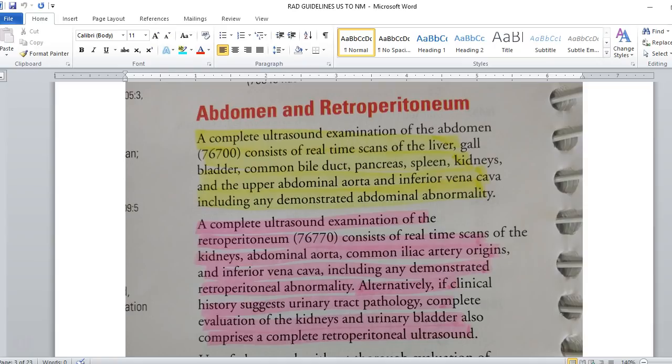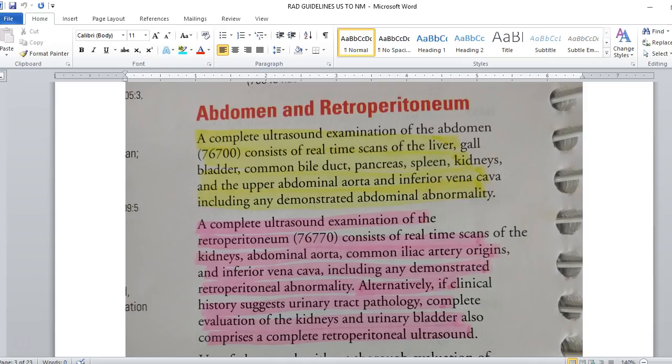Now, a complete ultrasound of the retroperitoneum is again a real-time scan. This is the kidneys, abdominal aorta, common iliac artery origins, and inferior vena cava, including any demonstrated retroperitoneal abnormality. Again, maybe something like a kidney stone would be seen. Alternatively, a clinical history suggests urinary tract pathology. Complete evaluation of the kidneys and urinary bladder also comprises a complete retroperitoneal ultrasound.